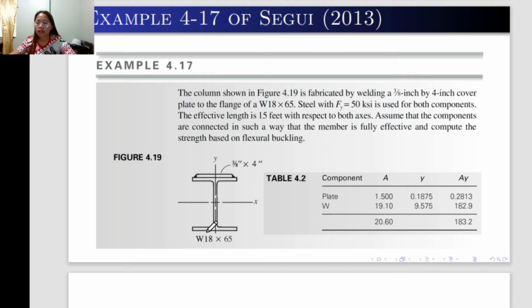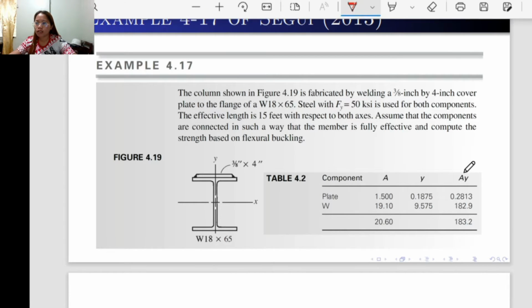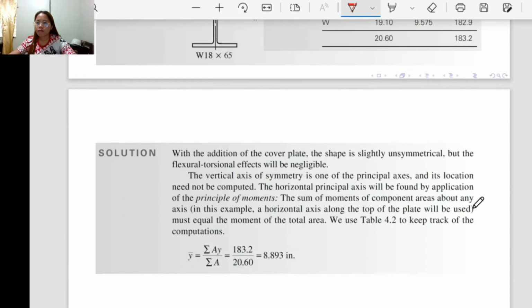This is like 18 something, half of that is 9.575. Then you multiply A times Y, the area times the centroid of each member.